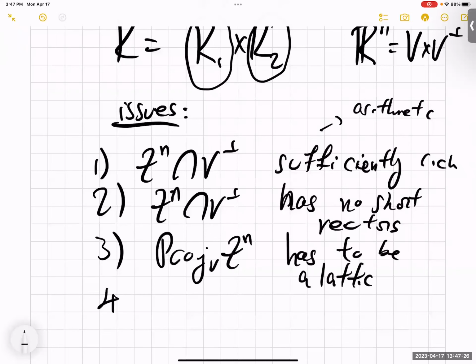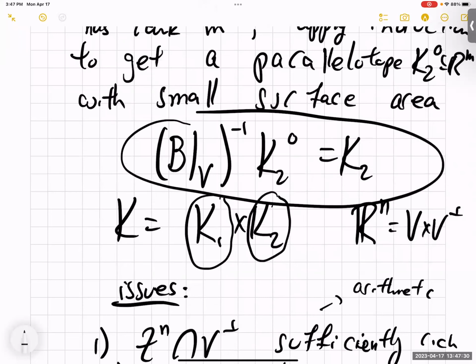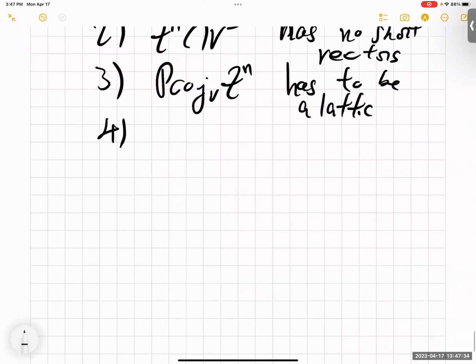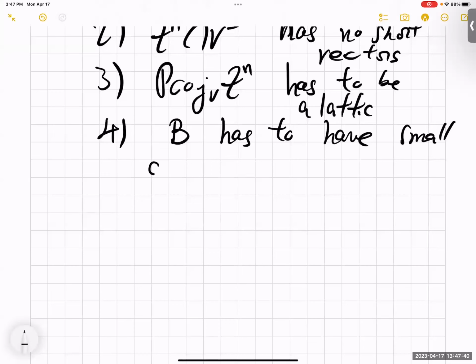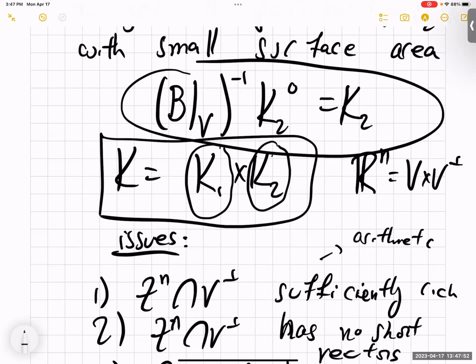And 4, because we applied this B inverse to make everything be in R^n, B has to have small operator norm. Oh, I should have said that it's abstract nonsense. It's following the definitions. You have to check that when you do this procedure, K will indeed be a tiling body.